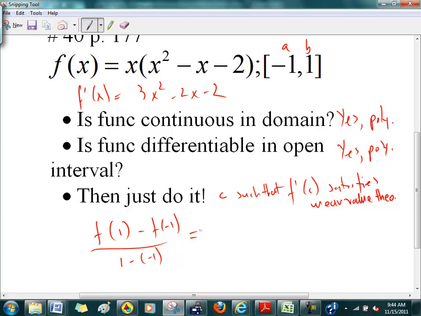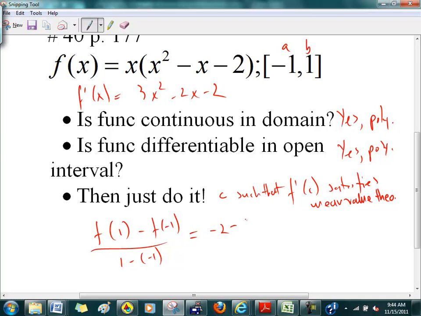So someone help me, what's f of 1? Negative 2. Oh, you're right, negative 2. What's f of negative 1? Is everybody there?